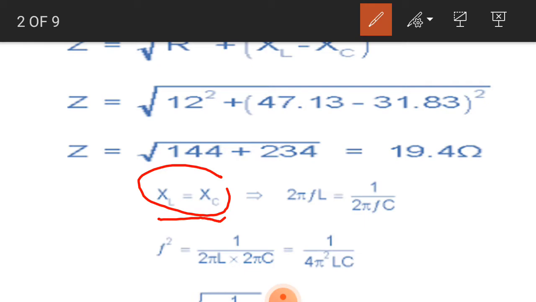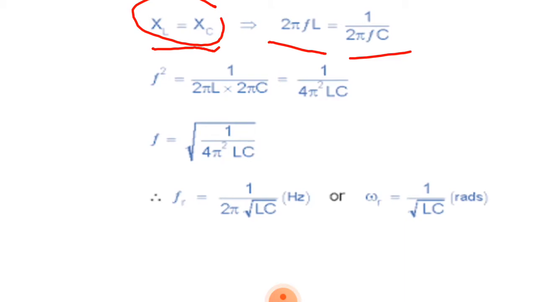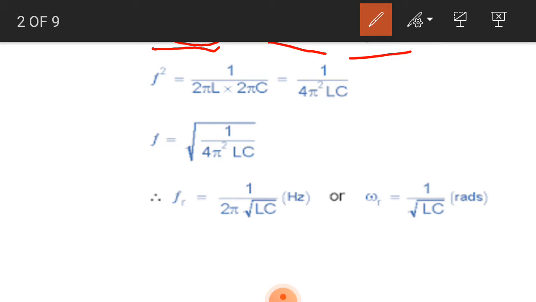Then we put the value of XL equal to 2 pi nu L, and XC equal to 1 by 2 pi nu C. If we cross multiply this equation, we get nu square equal to 1 by 4 pi square LC. Taking the root, we get nu equal to 1 by 2 pi root LC.